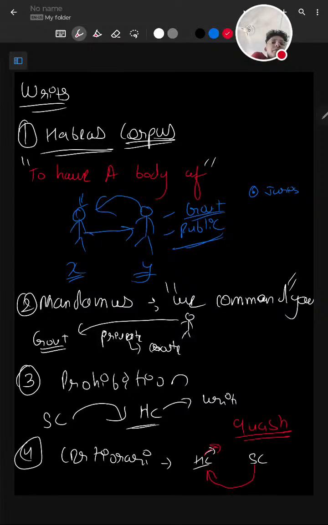This is different from prohibition, because in prohibition the Supreme Court was giving the High Court a chance to issue the writ. Here they are not giving the chance, they're just quashing the order at that particular time.